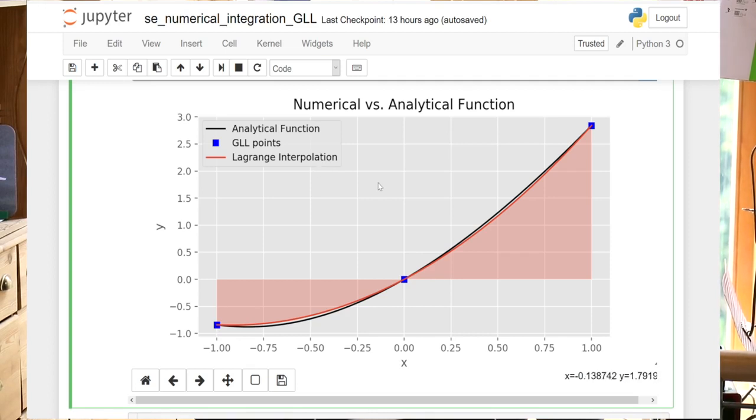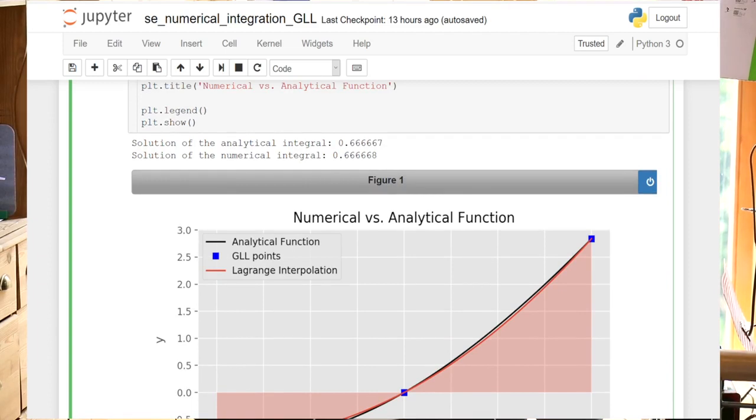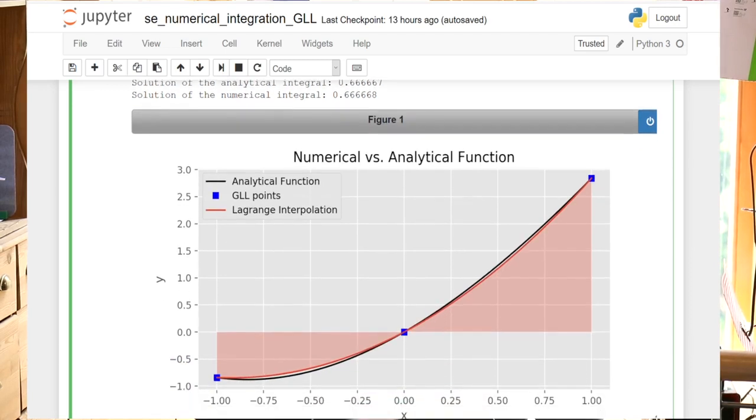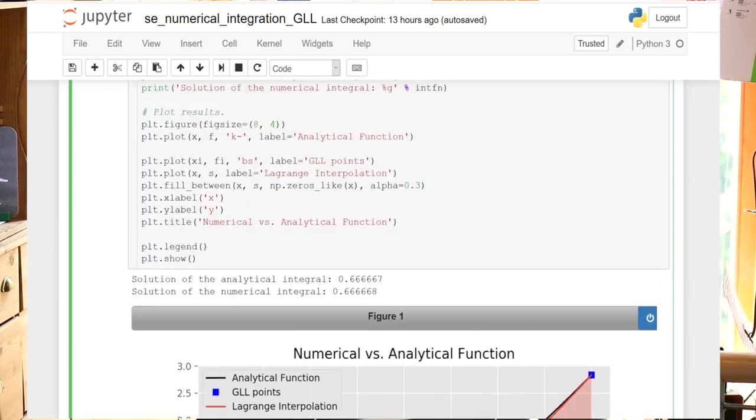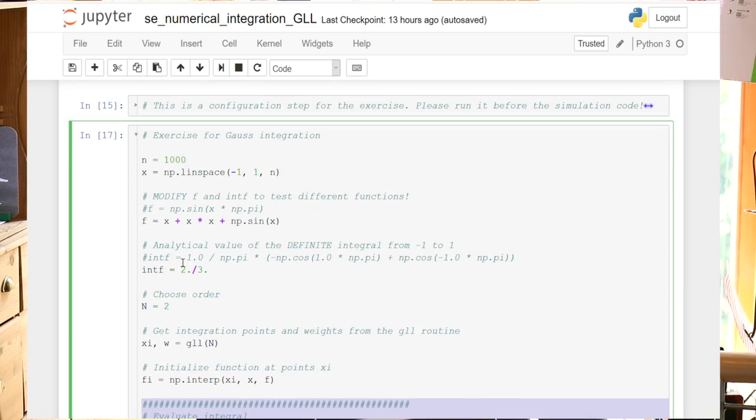There is a slight difference in the polynomial, but the value of the integral is already very well represented. But that's due to the specific function that we've chosen here, which might not have been the right choice, but you can change this to any function and see whether your analytical integral is well represented or estimated by the numerical integration procedure.